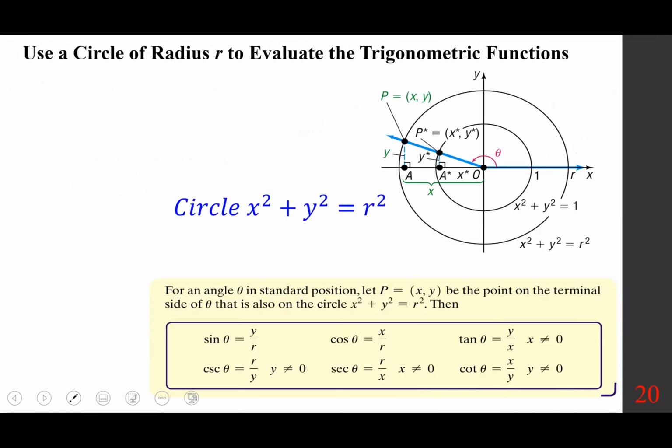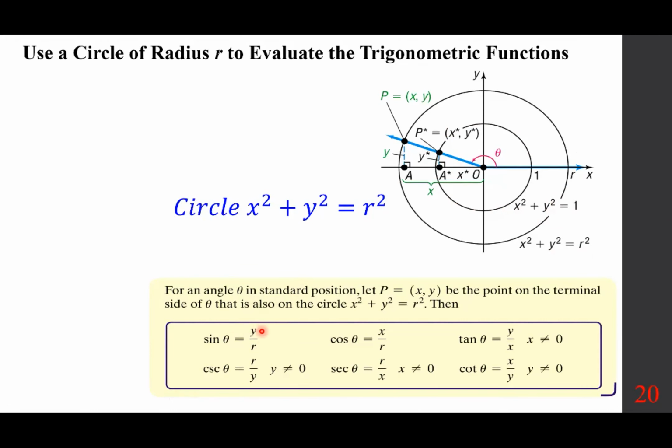The next topic that I want to look at: what if we have a general circle where the radius is no longer 1? So if you look at the unit circle, x squared plus y squared equals 1, that's fine and dandy. But what if we have x squared plus y squared equals r squared? In this case, remember sine was y, but r was 1 in a unit circle, and it's no longer 1.